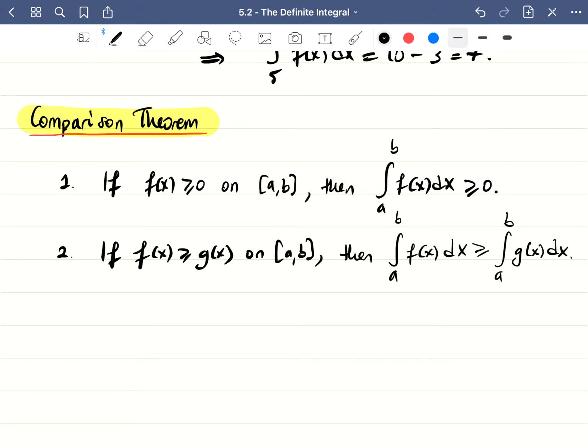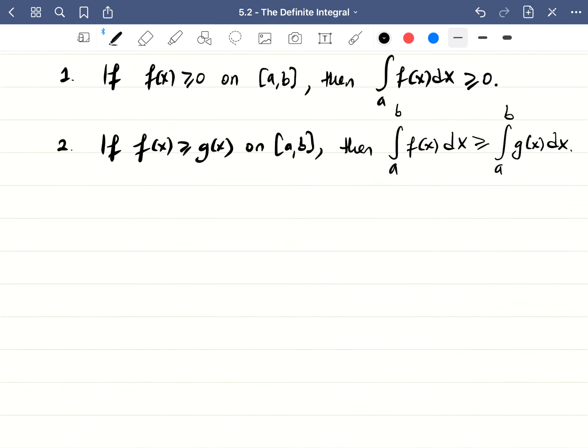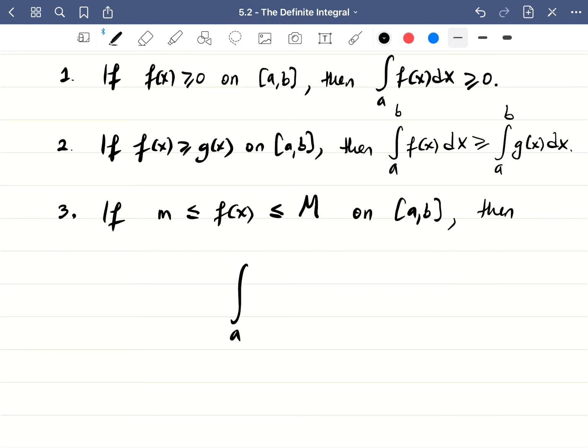And the last one is the comparison between two constants bounding a function. So let me just suppose that I have the following. If little m is less than or equal to the function, and the function is less than or equal to capital M on this interval a comma b, then the integral of this function f is greater than or equal to, and less than or equal to, two specific values.